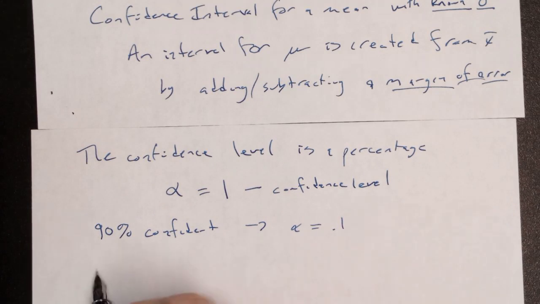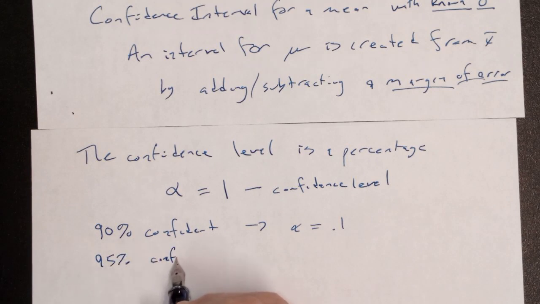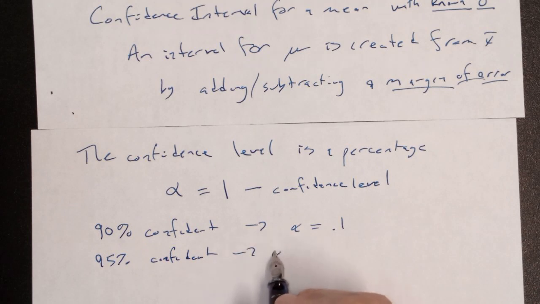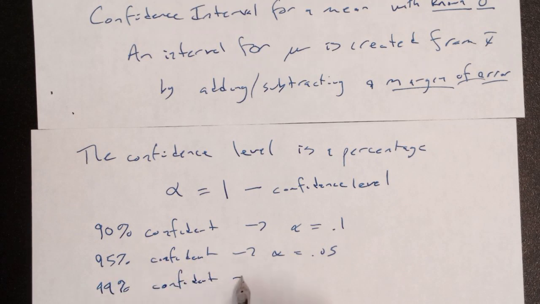If I want to be 95% confident, then alpha is 0.05. 99% confident, then alpha is 0.01.